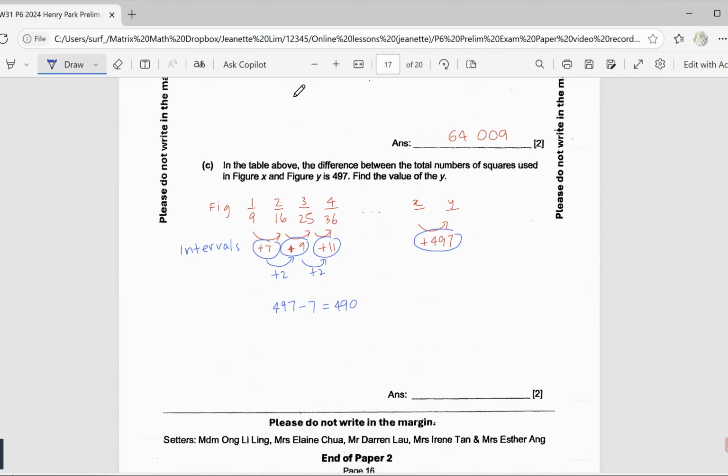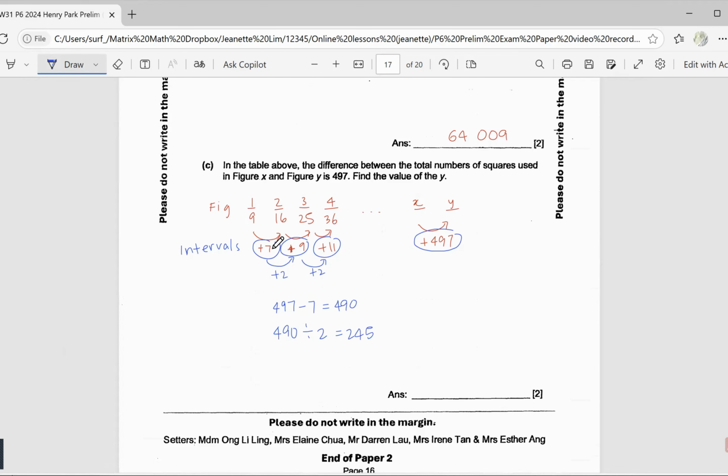So I take this interval here, I minus away the first number here, I get 490. 490 will be all my plus 2's. So I'll take 490 divided by 2, which is 245. So there's actually 245 times of this plus 2.